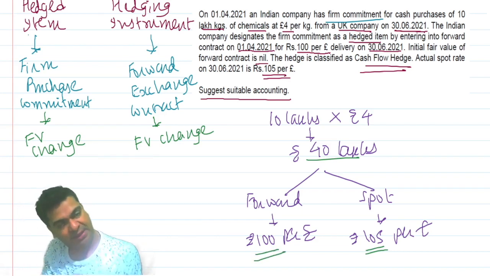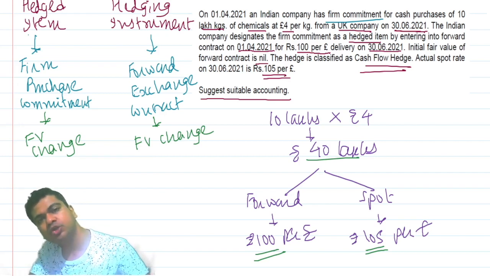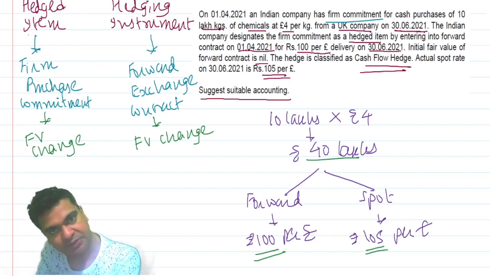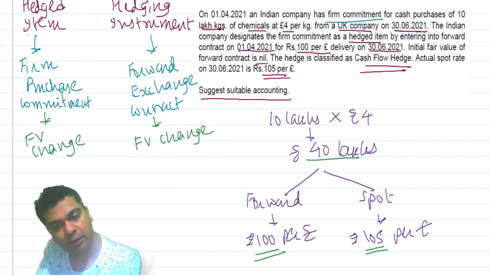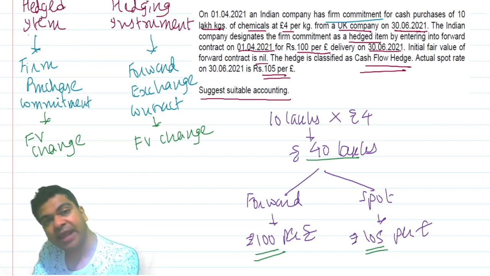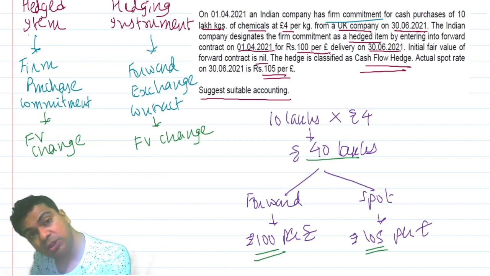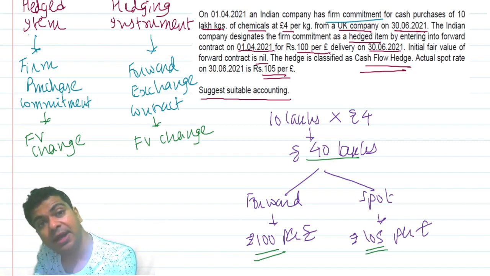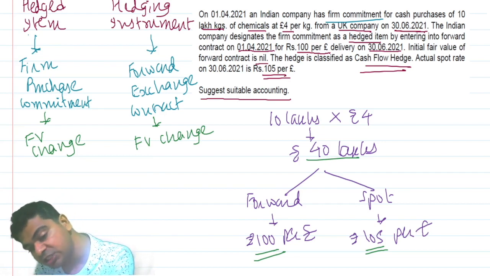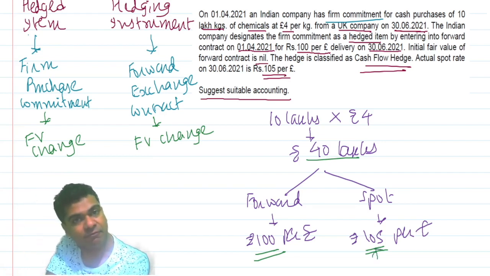So it is the comparison of the 100 and 105 which is going to give us the fair value changes. So that is the fair value change that we are supposed to calculate. We will calculate in terms of the cash flow. You are going to purchase, so there will be a cash outflow. If you had not done any hedging, then your cash outflow will be at 105.